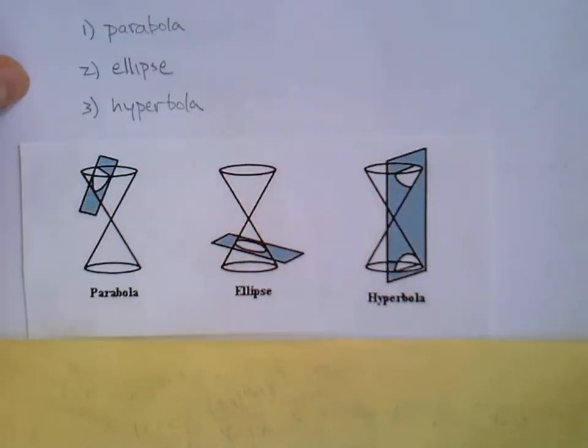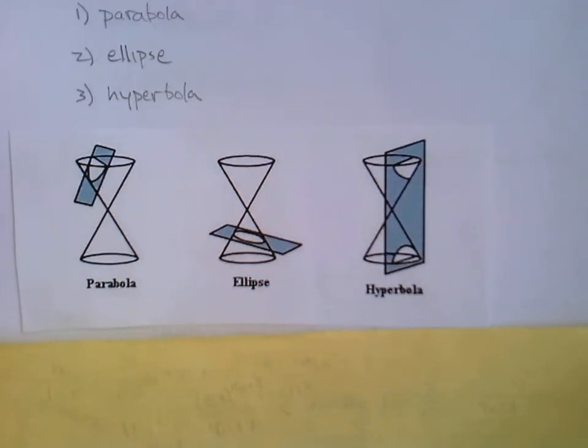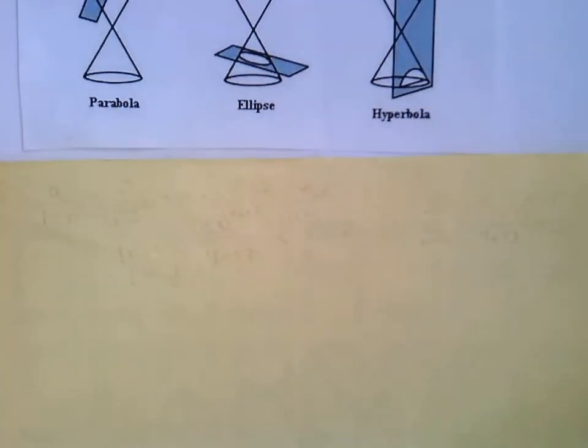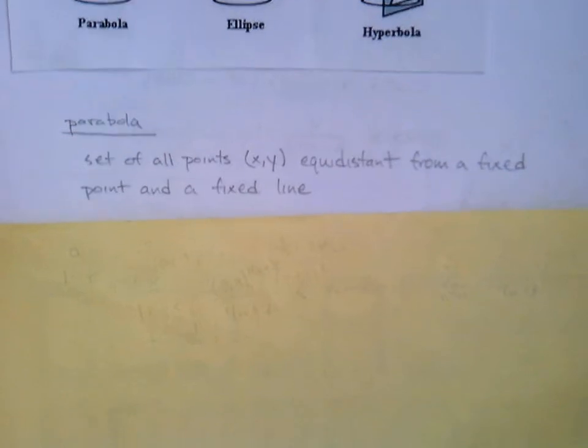Okay, now we'll get into the parabola. So let's define it. The parabola is defined as the set of all points xy equidistant from a fixed point and a fixed line. So maybe you saw a similar definition in pre-calc.